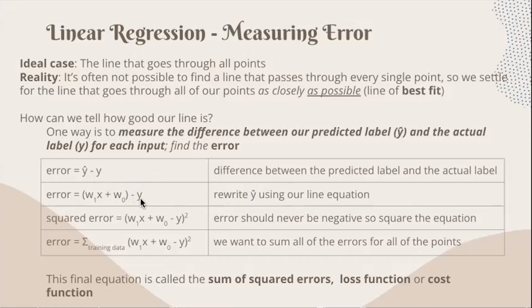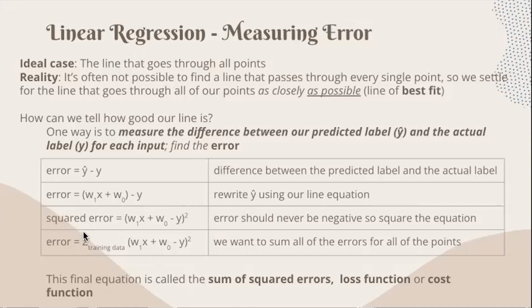Now, error can never be negative. So we want to square this equation in order to make sure that all our error is always positive. And then we want to sum up the errors for all the points so that we get an accurate representation of what the error is for the entire function as a whole. The symbol over here is called the sum of all.